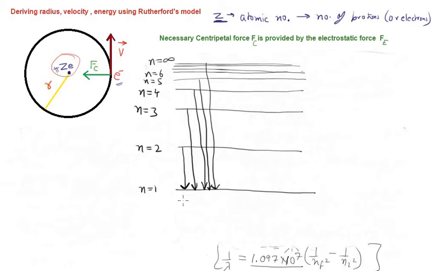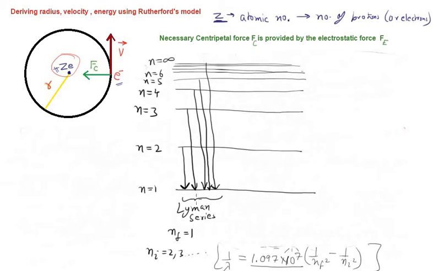So such a series of photons will be called the Lyman series. We say that in the Lyman series, n final equals 1 and n initial could be 2, 3 and so on.